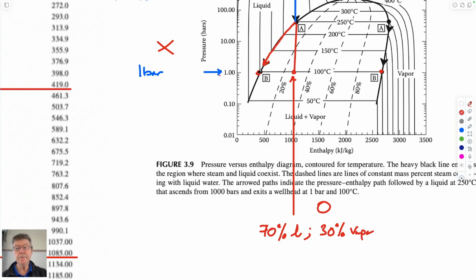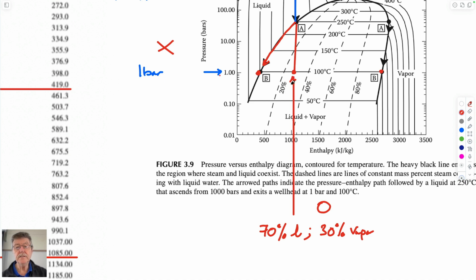So in other words, this is 100% water, 80, 60, 40, 20, 0. And this is 100% vapor and 80, 60, 40, 20, 0. So this is done in terms of percentages of vapor. So that's fine.